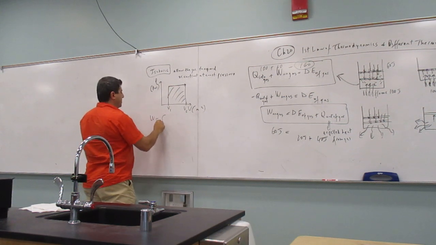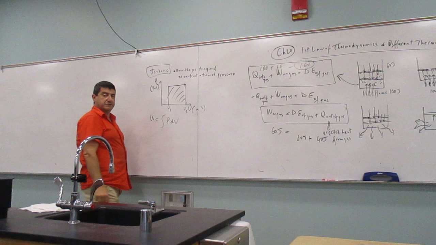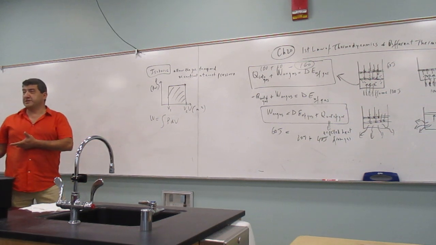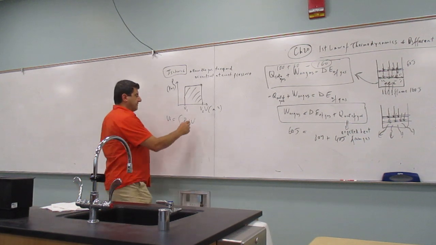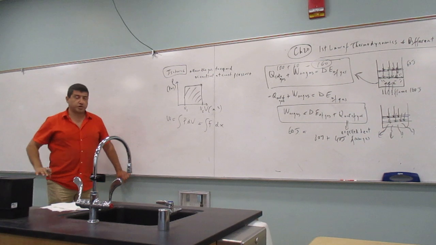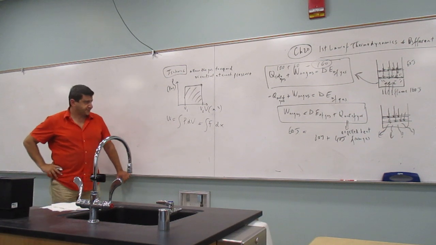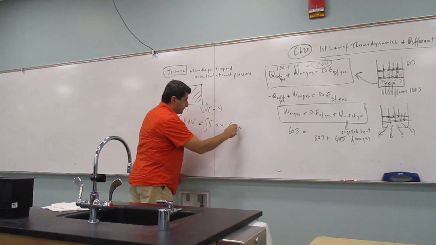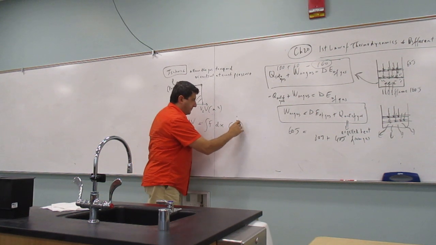Work is integral of pressure dV, right? So this is the physics 2 equivalent of the physics 1 equation. In physics 1, we say work is integral of force times displacement, right? So this is going to be newton meter, which is a joule.